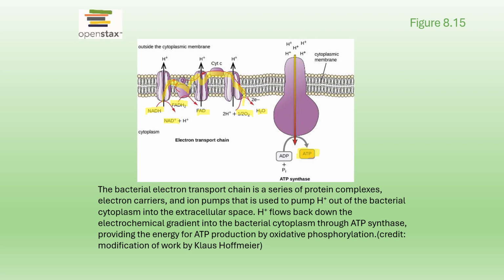Remember, cellular respiration: glucose plus oxygen gives you carbon dioxide plus water plus energy in the form of ATP. Most of the ATP is produced by the electron transport chain in the oxidative phosphorylation step.